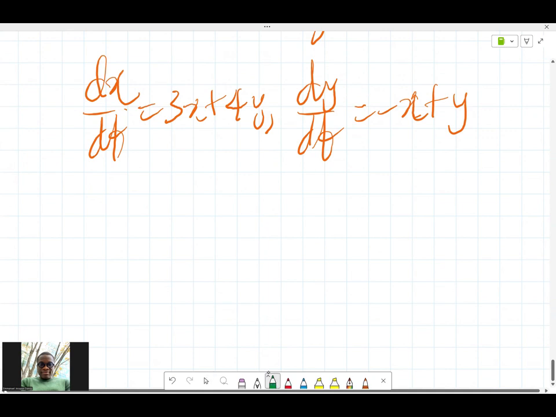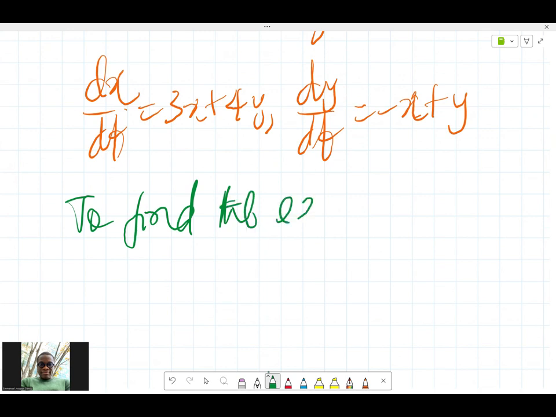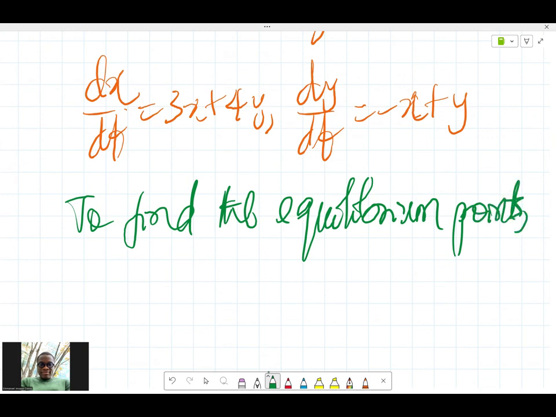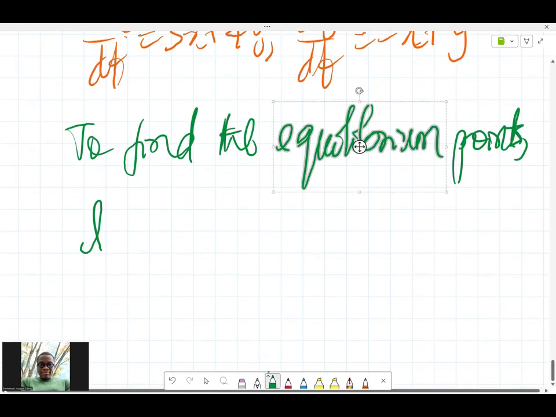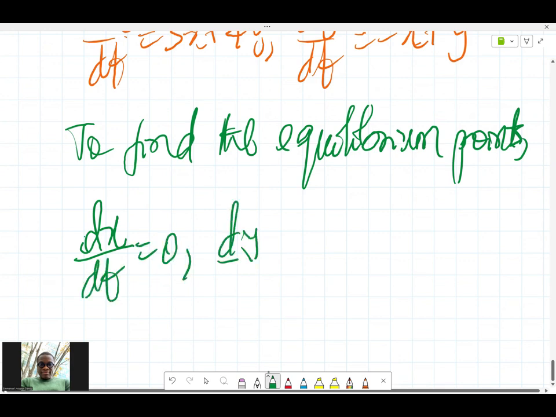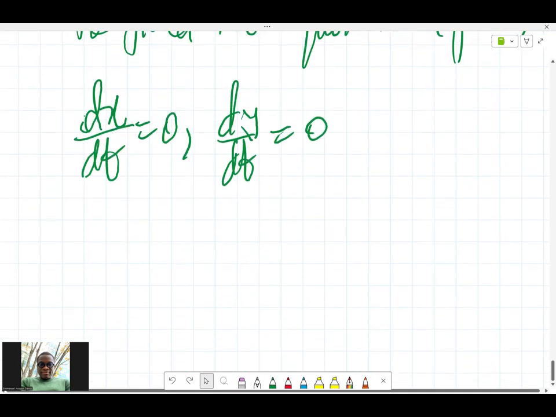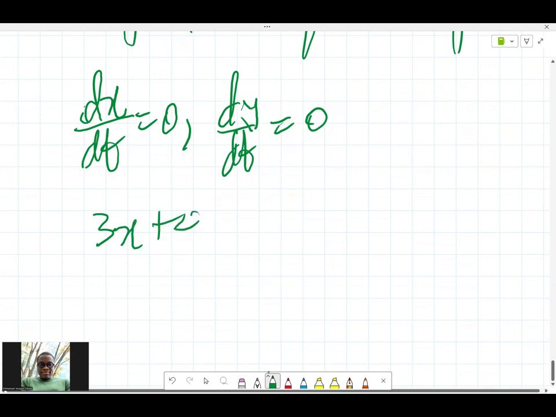To find the equilibrium points, we know that dx/dt is equal to 0 and dy/dt is also equal to 0. So if that is the case, then it means that 3x plus 4y equals 0.